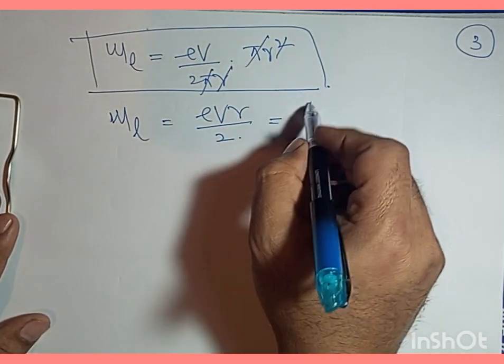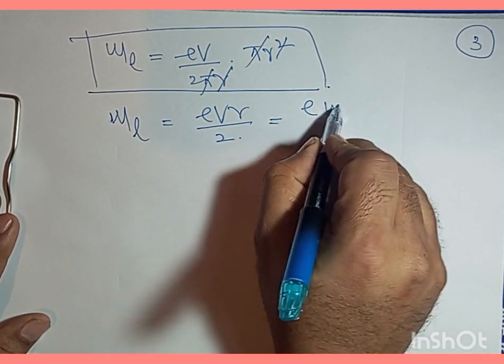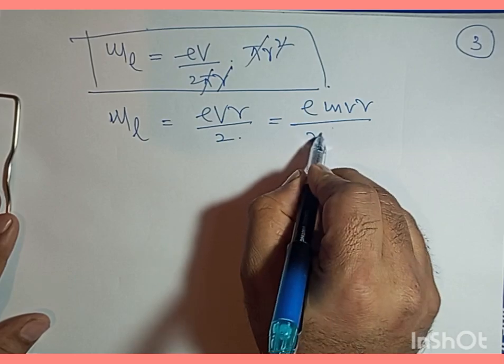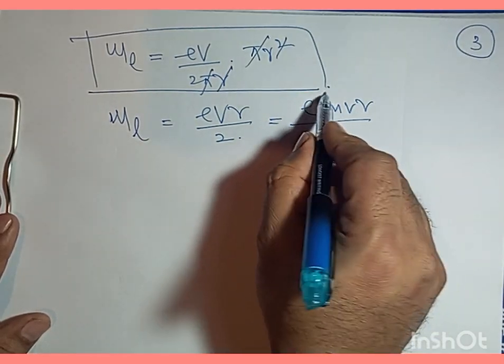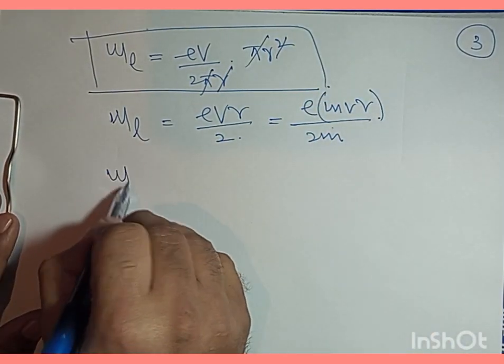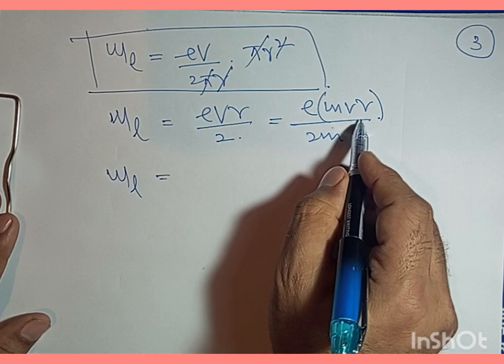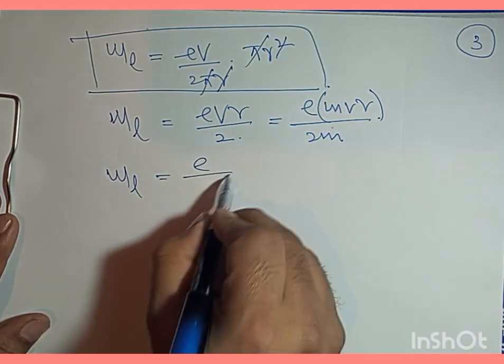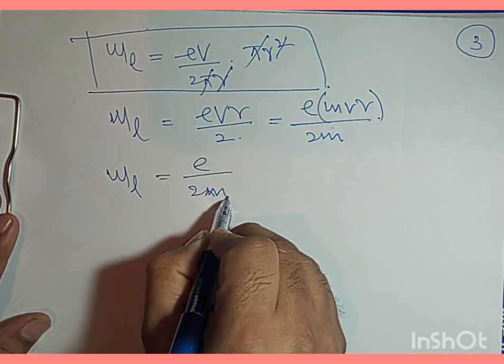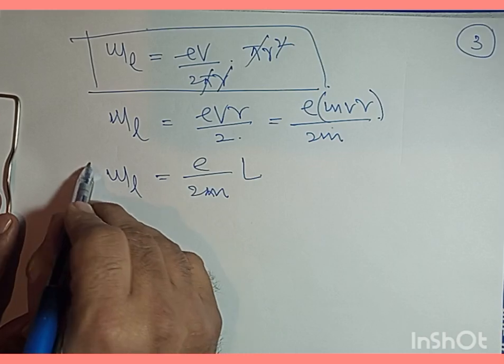And I can write down this as e m v r by 2m. No problem. This mvr is nothing but orbital angular momentum. So this is e by 2m times L.